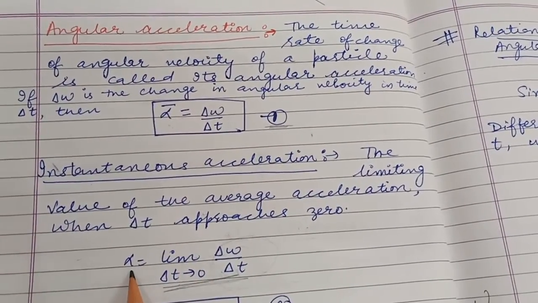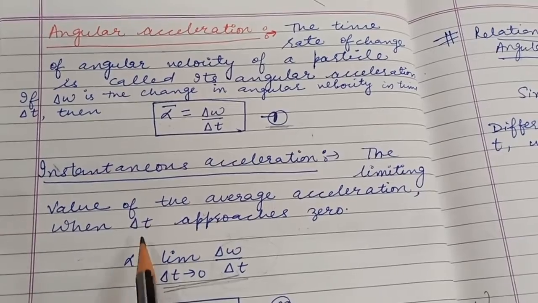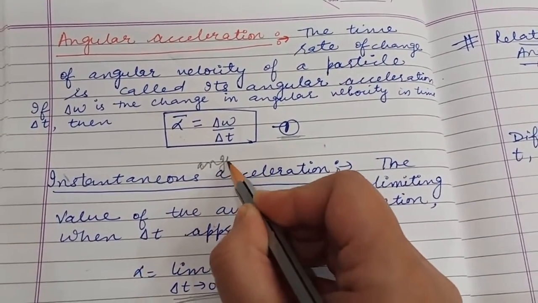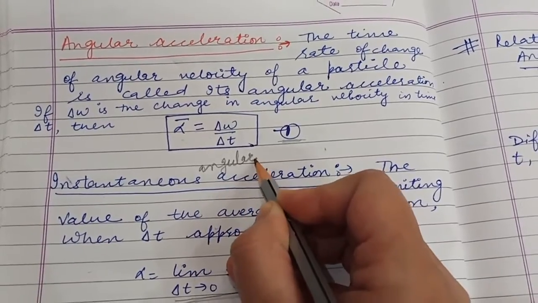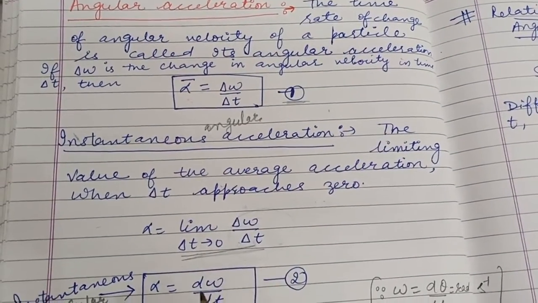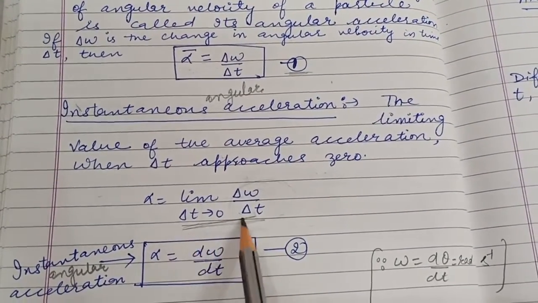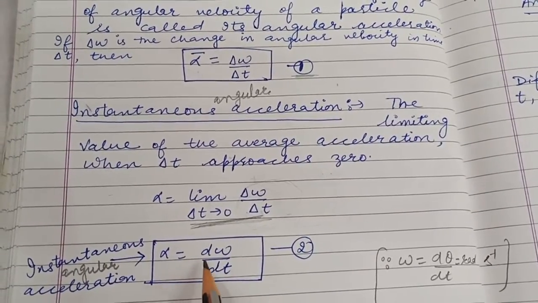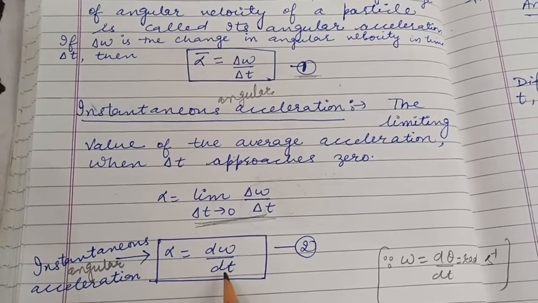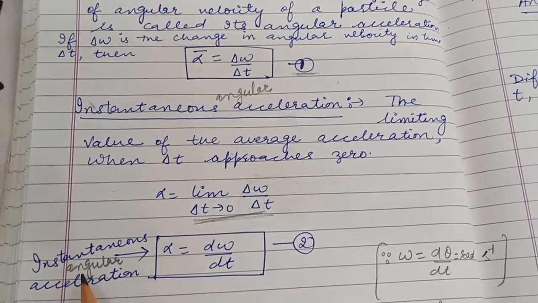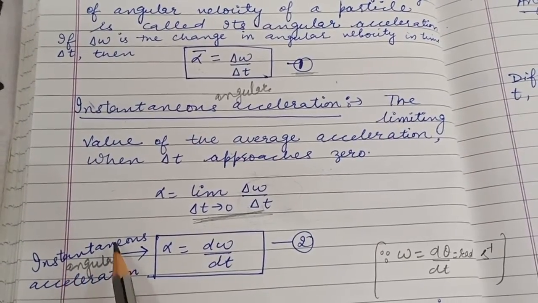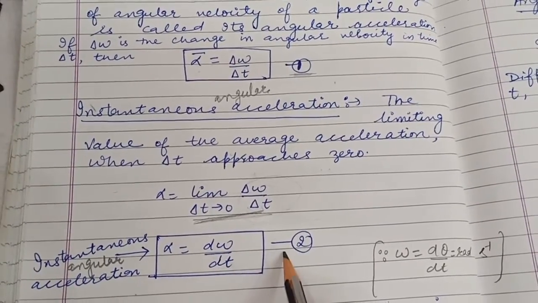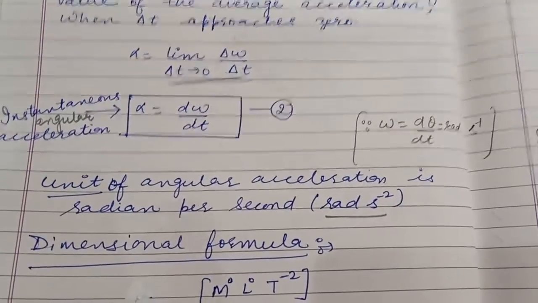Clear? Here alpha represents the instantaneous angular acceleration. Clear? So now this expression can also be written as alpha is equal to d omega upon dt. So this represents the instantaneous angular acceleration. Clear? So take this as equation number 2.